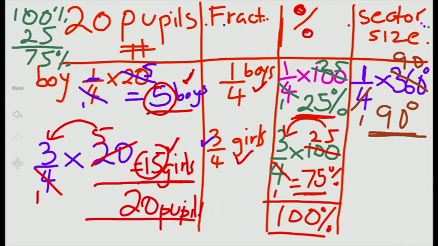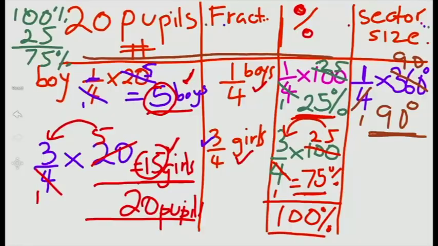I'm going through these things here, the percentage, the fraction, the pupils, because you may find other times that you are given a certain percentage and you have to convert that percentage to a fraction to be in a position to calculate the sector size. So you need to be able to go through all these columns.